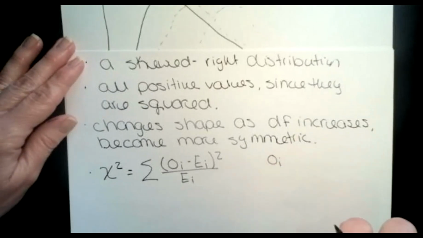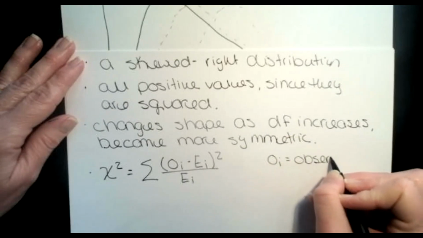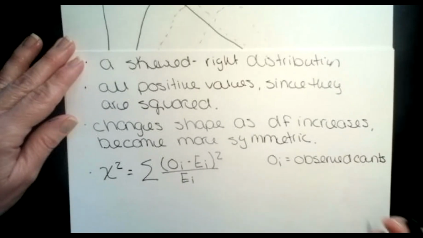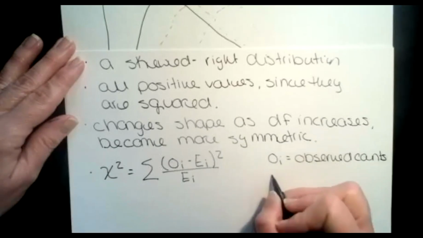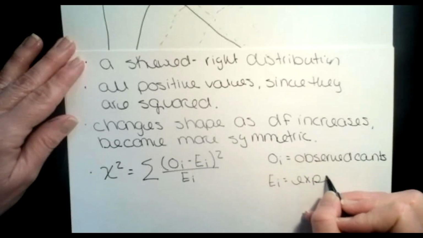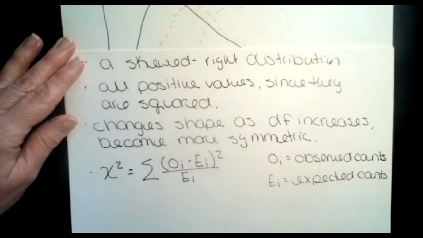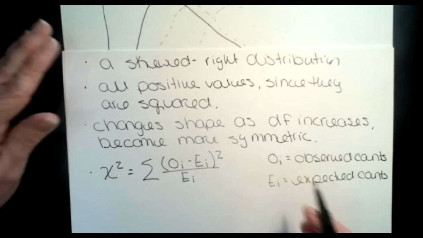So O sub i here, these are my observed counts. These are our findings from our survey. We call these frequencies. And then E sub i is what we call expected counts. With these tests, we'll have a breakdown that we're expecting to see, and we're going to compare what we expect from our survey and what we actually observe from our survey.